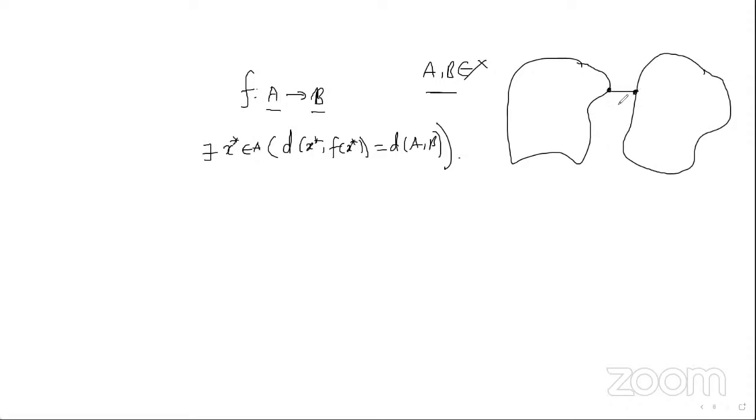This is the smallest distance. The distance between x star and f of x star is the same as the distance between A and B, and such points are called best proximity points.